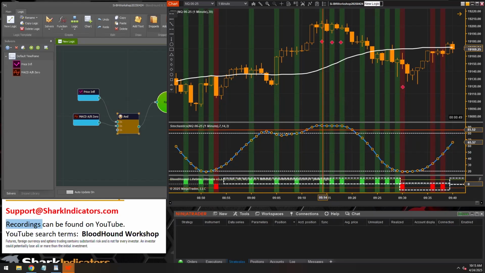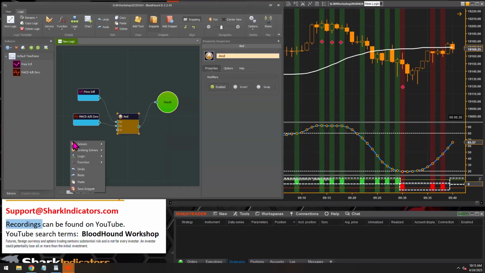So we're going to identify when the stochastic is overbought and oversold, and then reverse it so that we only get an output when the stochastic is inside, in between this area in the middle here. So let's go ahead and get that done.